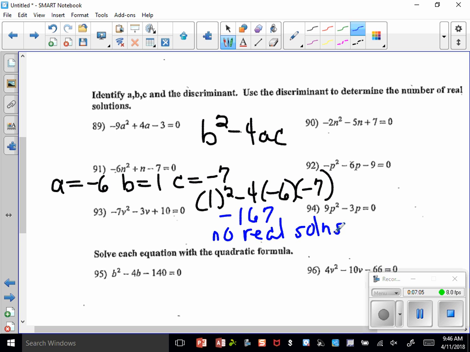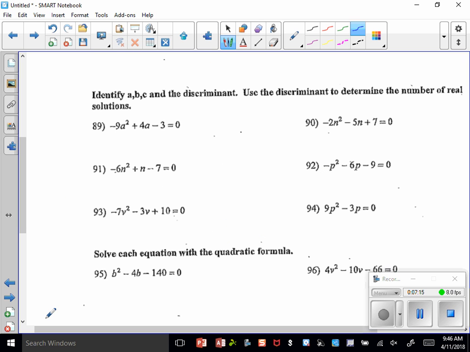Now let's look at 94, because notice how 94 does not have a C term. So my A term is 9. My B term is -3. So my C term will be 0.